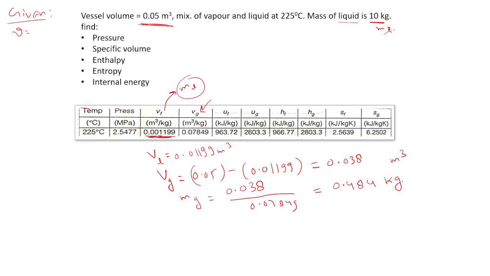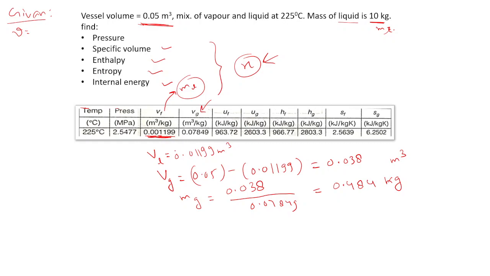So now, what is our aim here? We have to find all the properties: specific volume, enthalpy, entropy, internal energy, everything. But for finding these properties, we need the dryness fraction x, because we know it is a mixture of the liquid and vapor. If we don't know the value of x, we will not be able to find these properties.